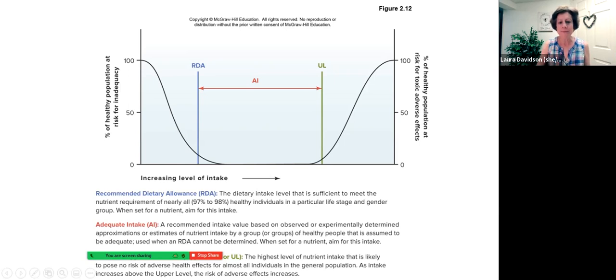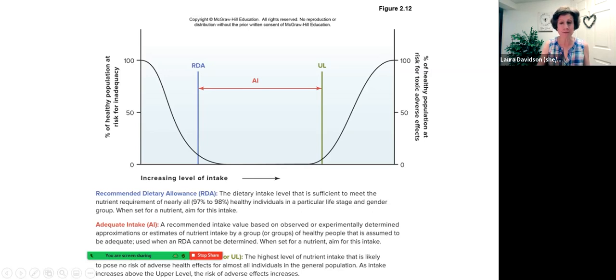And it covers the needs of most of the population, and some, as you can see clearly here, can get away with less and be healthy. But this is a very safe level, and for all nutrients, a good bit below the UL.